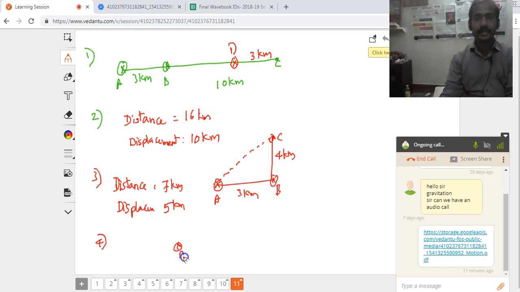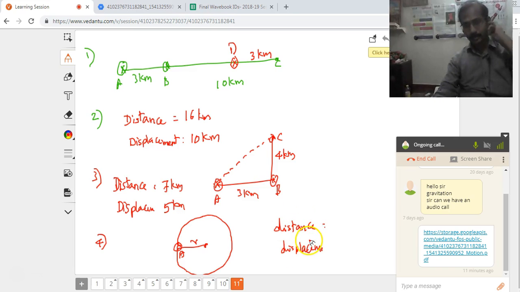An object starts from point A, moves along a circle with radius r, and reaches point A again. So how much distance and how much displacement? Displacement will be 0.